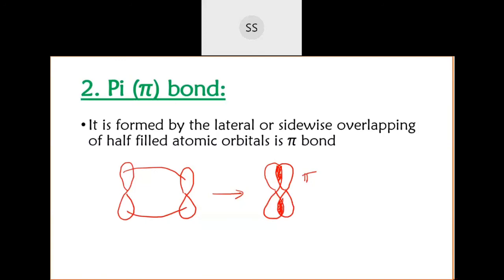So holding the hand and the leg together is not possible. Holding the hand is fine, that is a sigma bond, but holding the leg together, two fusions, you can imagine that way and remember this. That will be difficult. Such a bond is a pi bond, where two orbitals or lobes are fusing together. So this type of bond is not a stronger bond, it's a weaker one. Pi bonds are usually weaker because of this kind of overlapping.